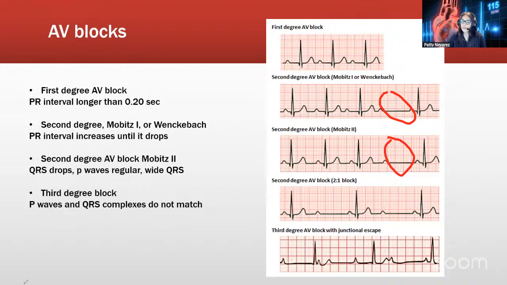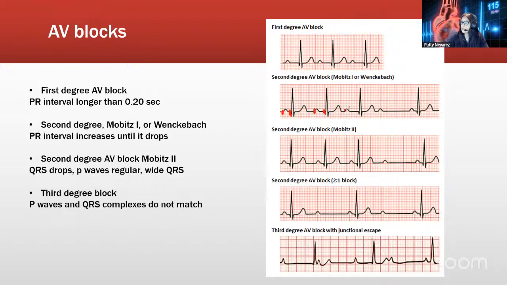The difference between the two is going to be, let's take a look at Wenckebach first. Second degree Mobitz 1 or Wenckebach, like we said, Wenckebach is the most common name. One of the characteristics is the PR interval is going to get longer and longer. If we take the PR interval, beginning of the P to the beginning of the QRS, and then move to the next one, we can already see that there's a little bit longer.